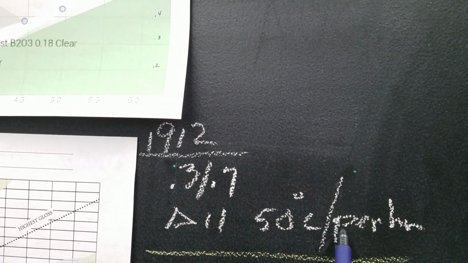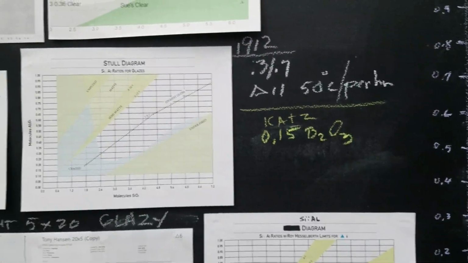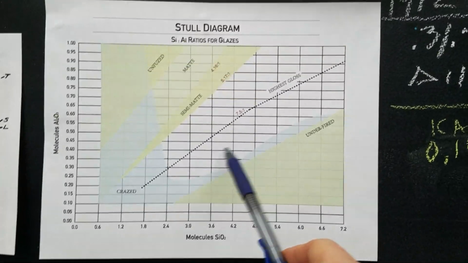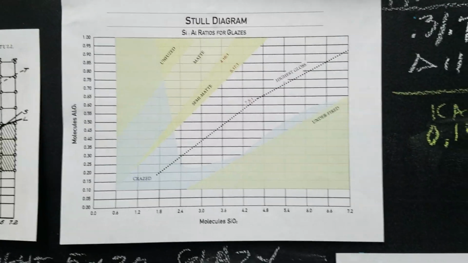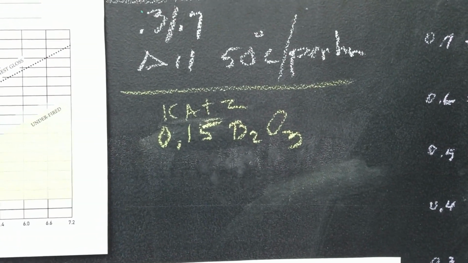He went up about 50 degrees C per hour. And the thing about that is they've adapted this chart, and they use it exclusively on Glazy.